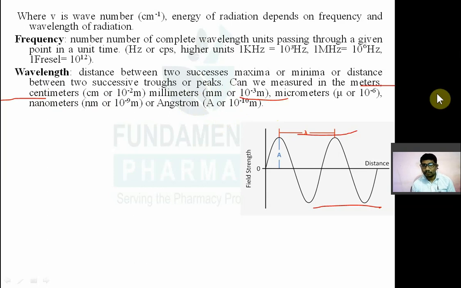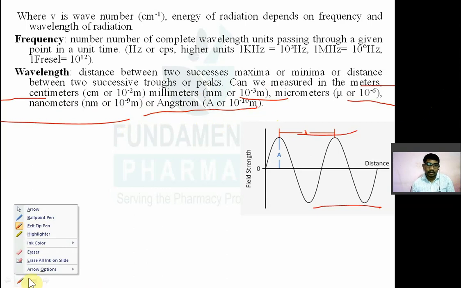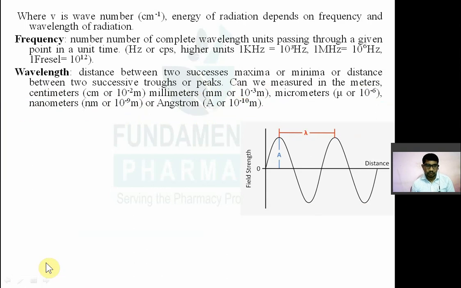Micrometer, minus 6. Okay, 1 micrometer is equal to 10 raised to minus 6. Then 1 nanometer is equal to 10 raised to minus 9 meter. And angstrom means 10 raised to minus 10 meter. Questions come on this also: 1 angstrom is equal to how much meter, or 1 nanometer is equal to how much meter.